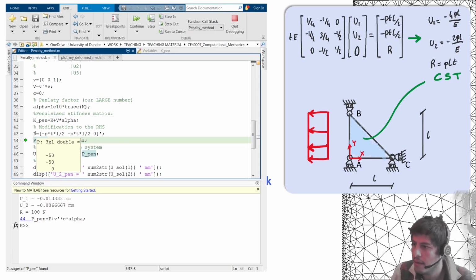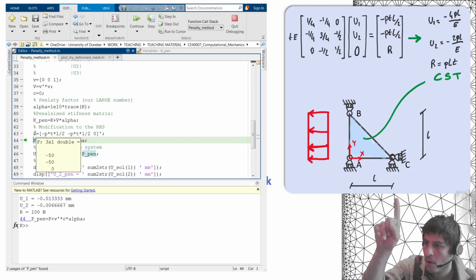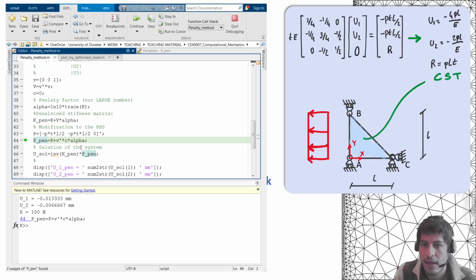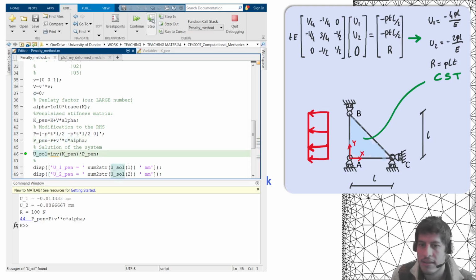So in point C here, we don't have any pressure or load applied. We just have the reaction. But this is the equivalent nodal external load vector. Okay, so basically the penalized right-hand side is then P plus V transposed times C, which is the value 0, multiplied by alpha, okay? So this is the penalized right-hand side.